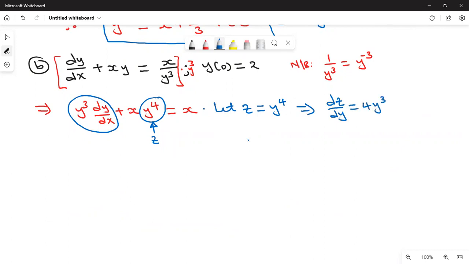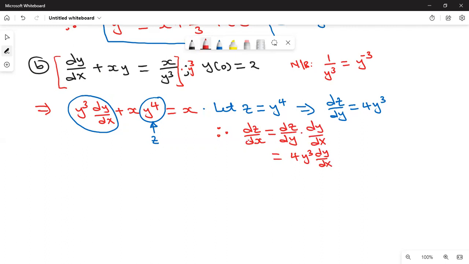Now, I want to use chain rule. Therefore, if you now want dz dx, using chain rule, that's the same as dz dy times dy dx. I know dz dy to be 4y cubed. Then here we have times dy dx, which I don't know. Just write it the way it is.